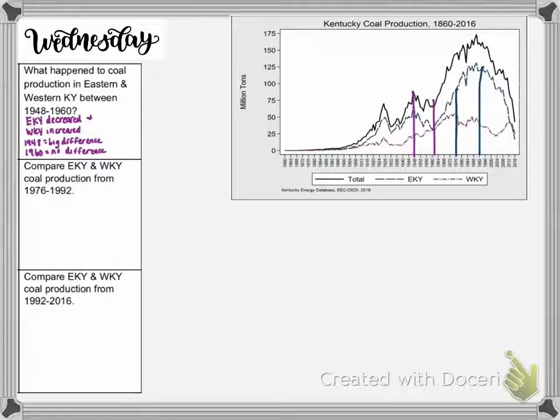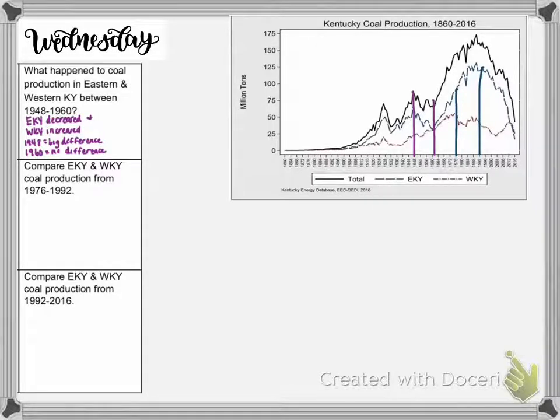In 1976, there was a gap there because between 1960 and 1976, although western Kentucky was steadily increasing in coal production, eastern Kentucky was significantly increasing in coal production and continued to increase with a few little dips here and there.